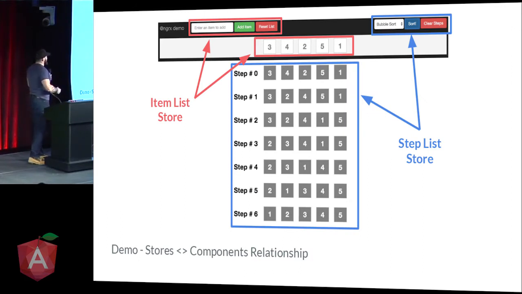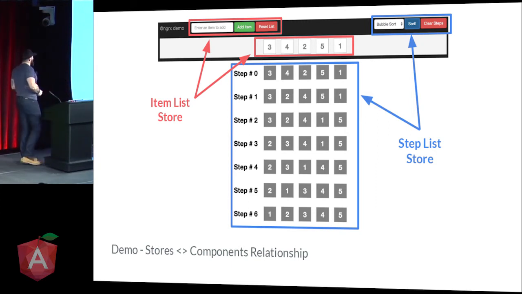So the dependencies to our store, and the way the store is displayed by our components, is as follows. The item manager and item list are basically windows to look into your item list store. On the other end, you have the list of steps and the sort picker, which are windows to the step list store.